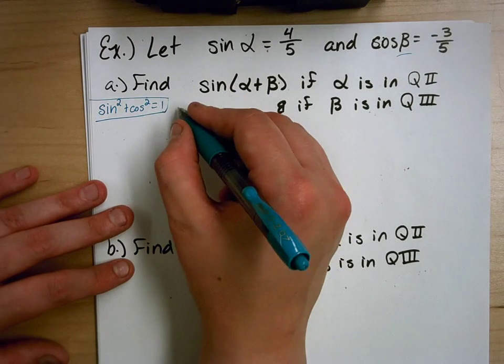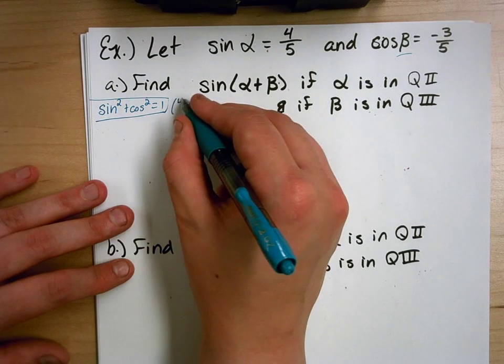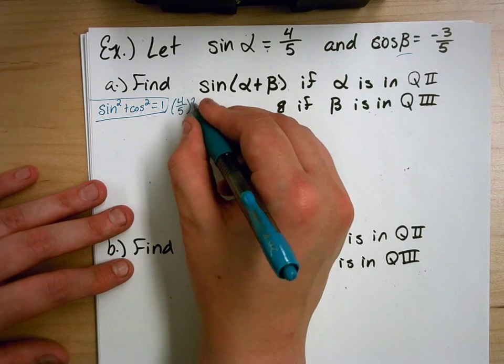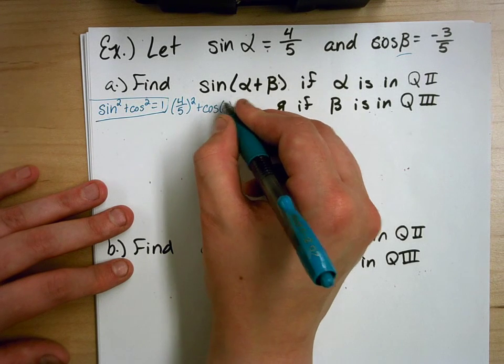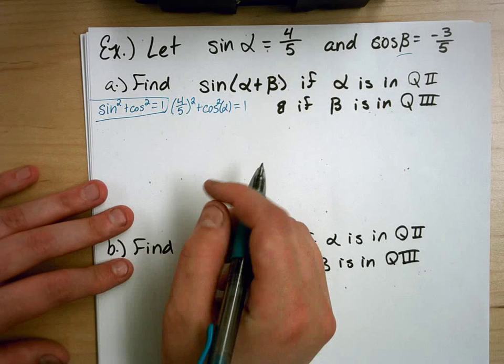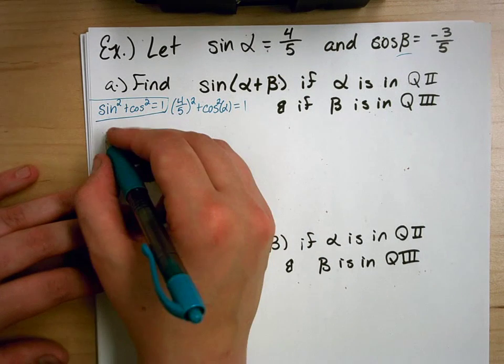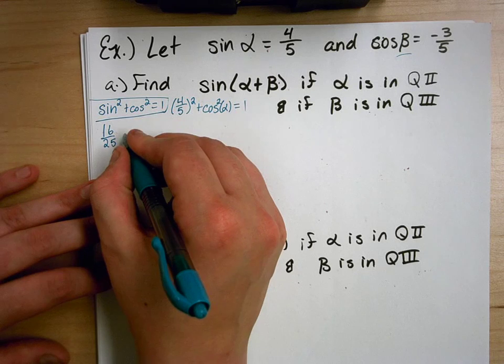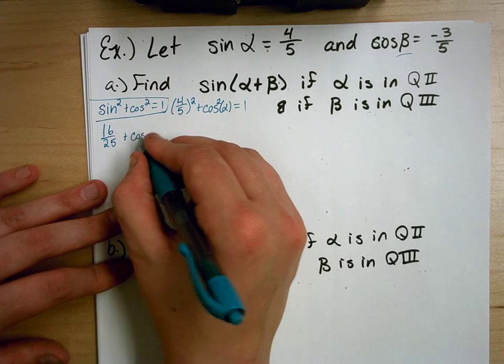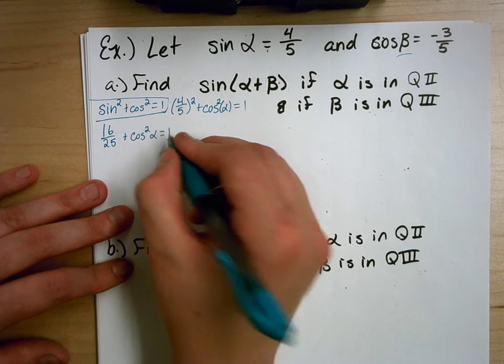So if I do 4/5 squared plus cosine of alpha squared equals 1, then I'm going to get 16/25 plus cosine squared alpha equals 1.